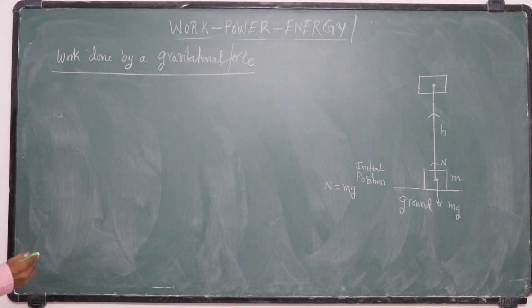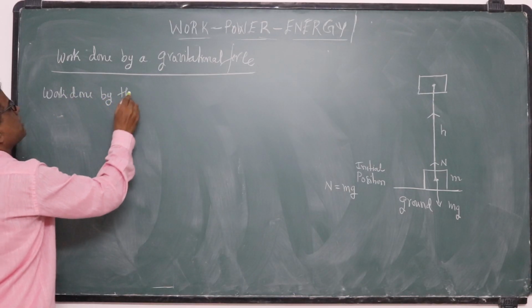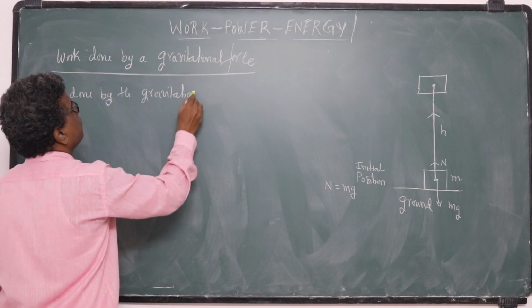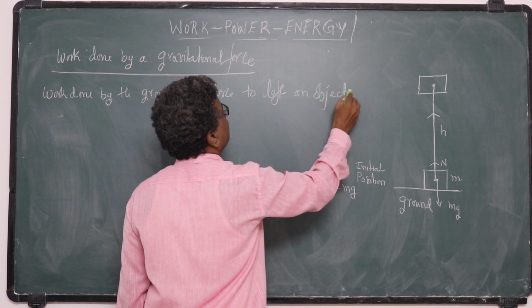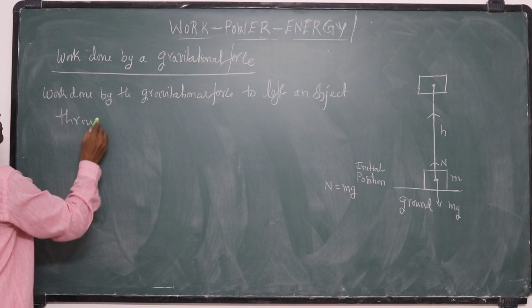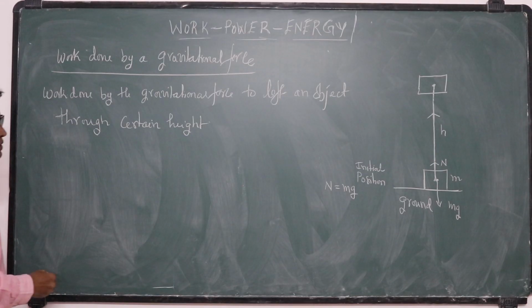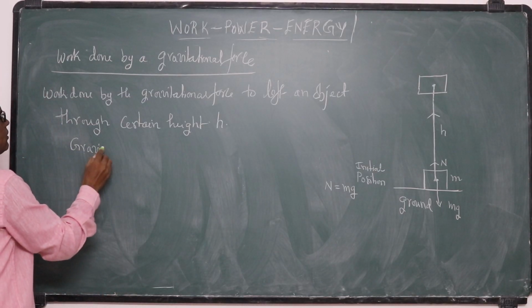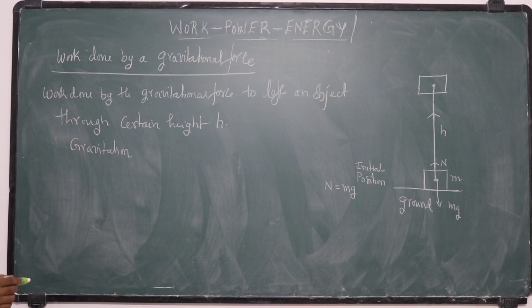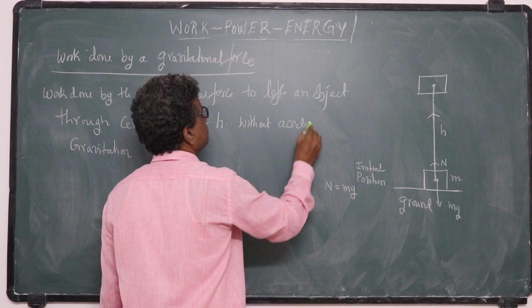So I want the work done by the gravitational force to lift an object through a certain height h without acceleration, that means slowly.